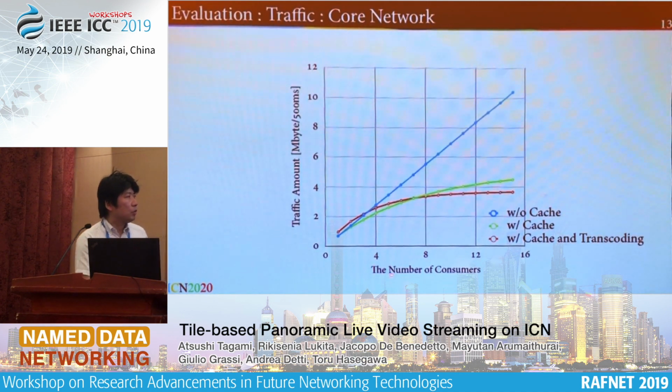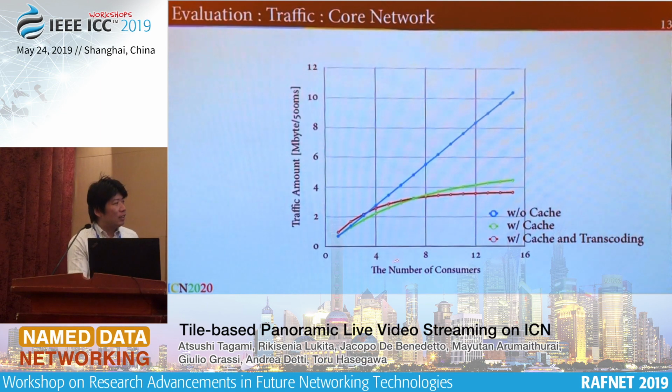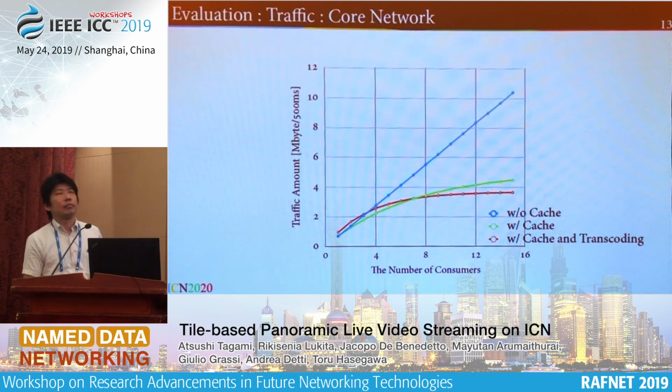When the number of consumers is small, in this case, our transcoding mechanism, even if users only request lower quality, the transcoder always requests the higher quality. It is not good. I understand, but currently we do not have a solution for this. Okay, thank you.